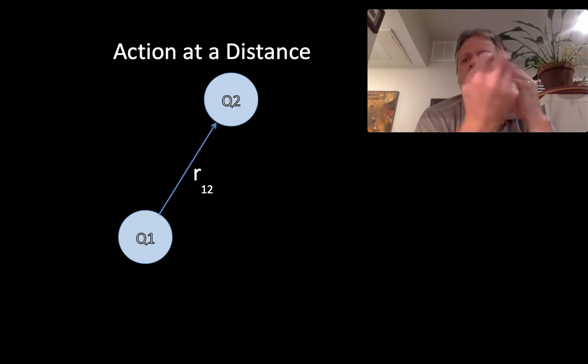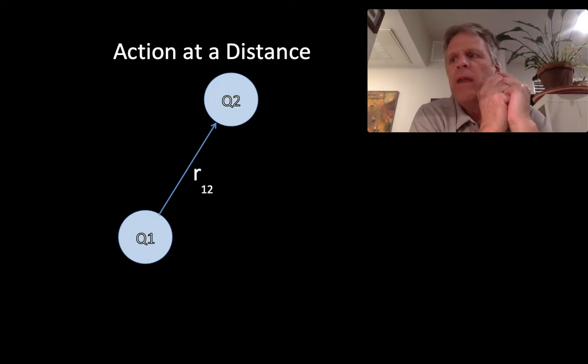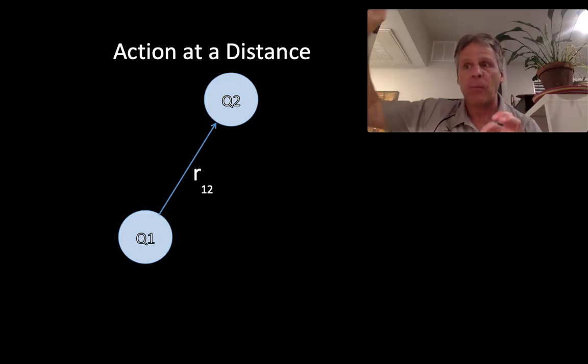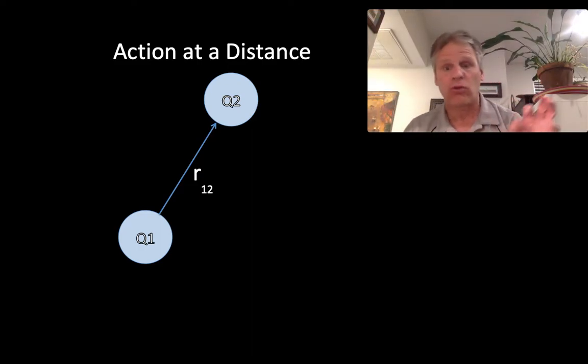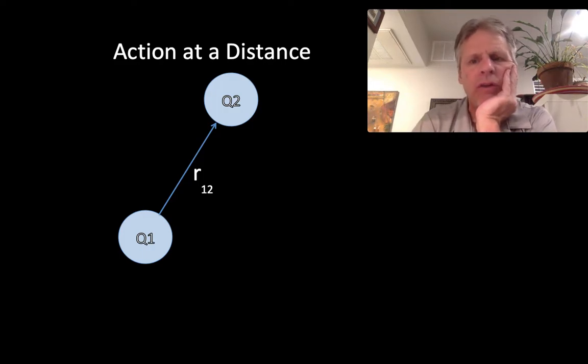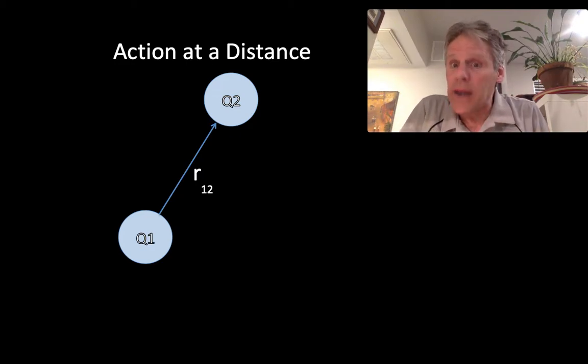There are two ways to think of that. One way is that this charge Q1 acts differently depending upon where Q2s show up around it. But it's a little bit more reasonable to say, you know what, Q1 is the same whether there's a Q2 there or not.